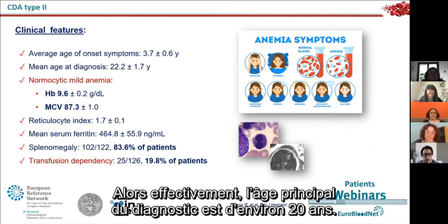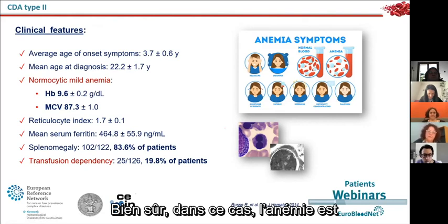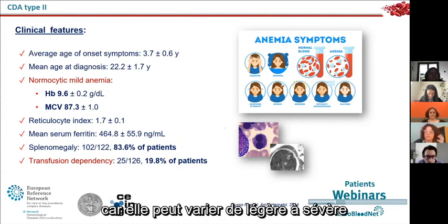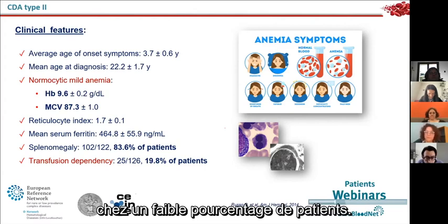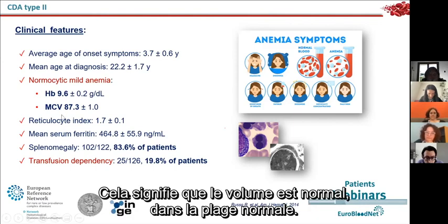So indeed the mean age of diagnosis is approximately 20 years. Also in this case, the anemia is of variable degree, because it may range from mild to severe in a few percentage of patients. Generally it is normocytic. This means that the volume is in the normal range.